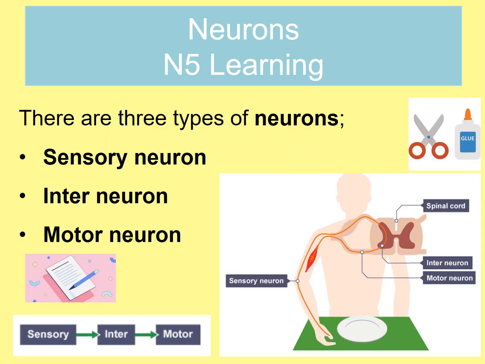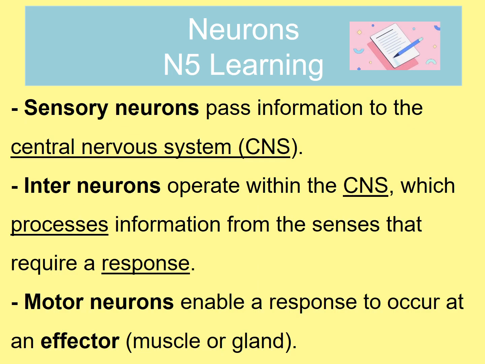For your notes, it's important that you know that there are 3 types of neurons within the nervous system. There are sensory neurons, interneurons, and motor neurons. Sensory neurons pass information to the central nervous system.